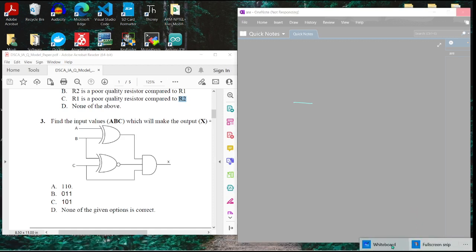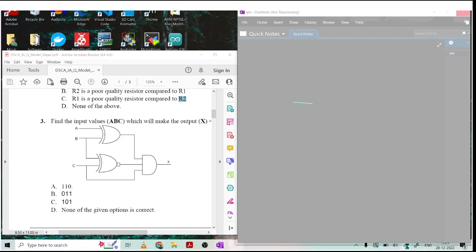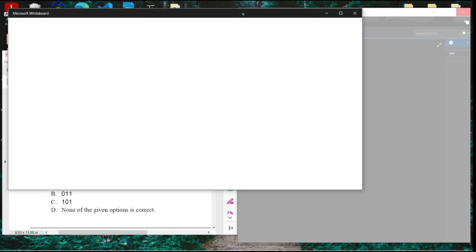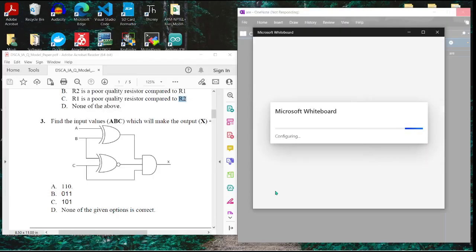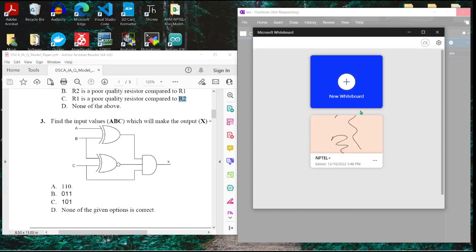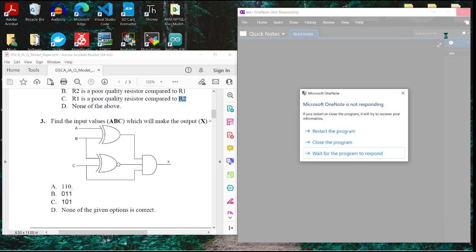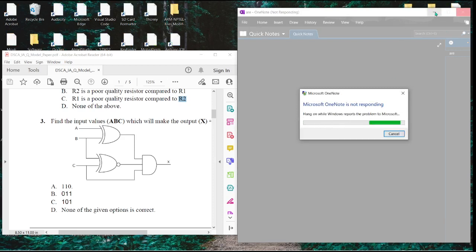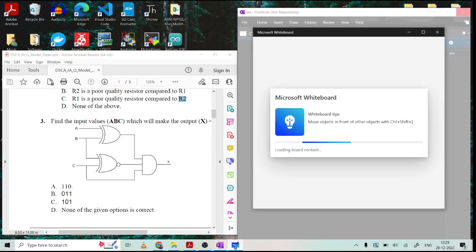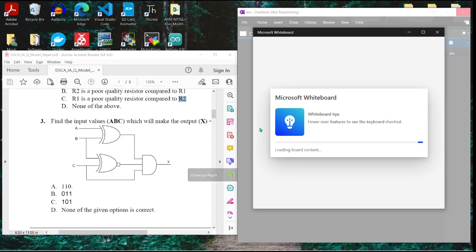Let me open the whiteboard. Both Microsoft apps are giving problems.